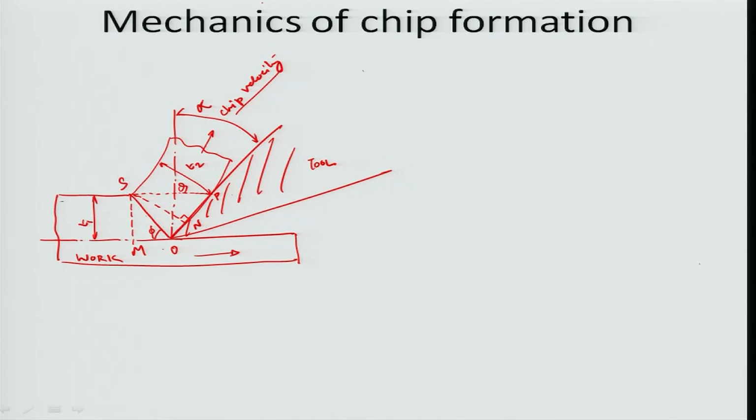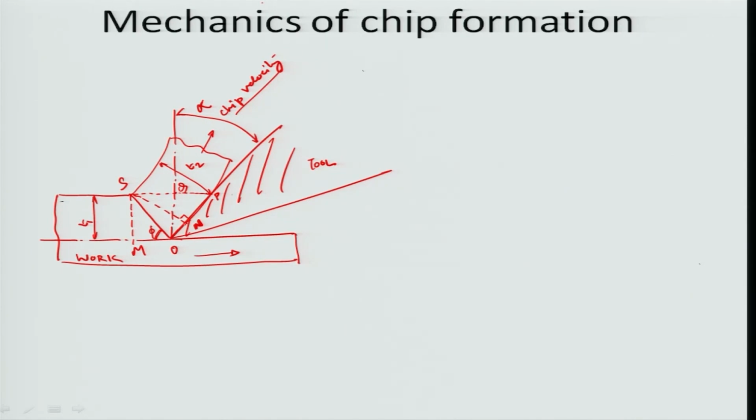You see again the same points S, O, N, P, and this Q is now this point here, where the vertical intersects with the perpendicular projection of the point S onto the tool surface. And the shear angle here is phi, for example. This is point N where the perpendicular from S to the tool surface happens.